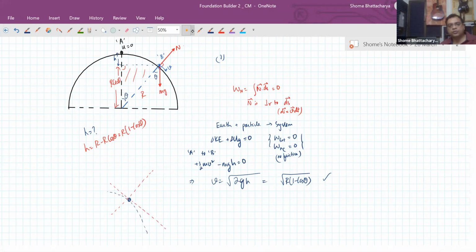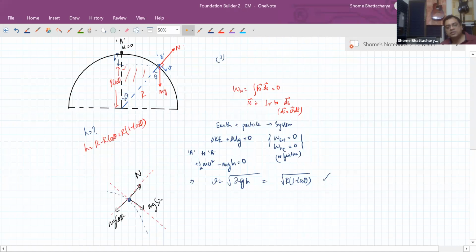On resolving the forces, you don't need to resolve the normal reaction because it's already along the axis, but mg will get resolved into mg cos theta and mg sin theta, and the particle has centripetal acceleration and tangential acceleration.